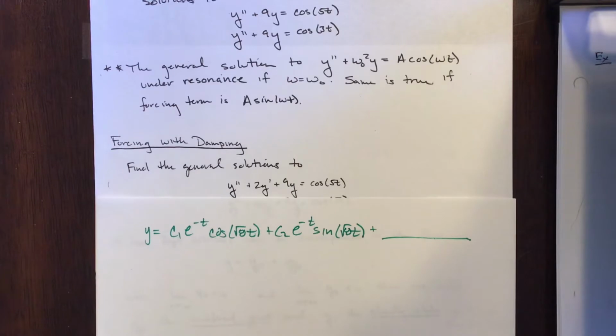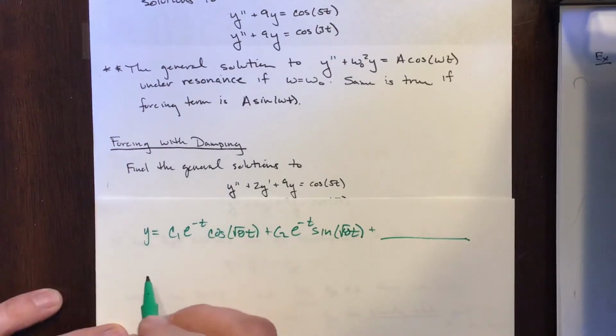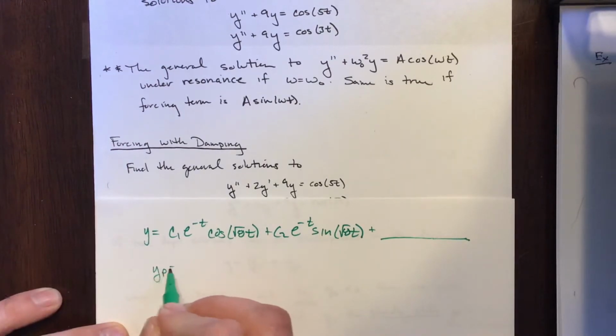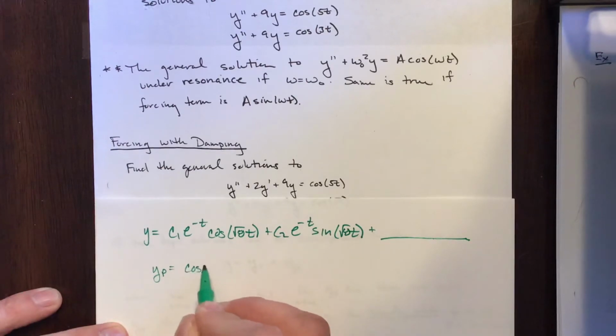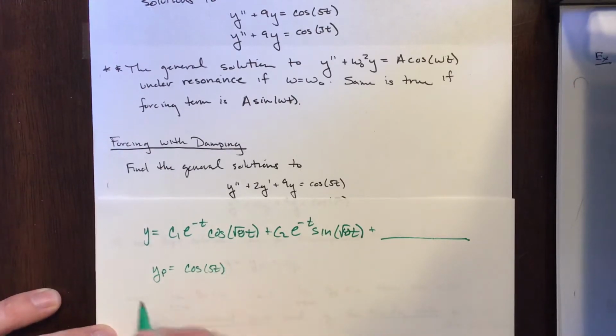So for y particular, you see that cosine 5t is not part of the complementary solution. So we can use y particular equal to the cosine of 5t. So that means y prime is minus 5 sine 5t, and y double prime is minus 25 cosine 5t.